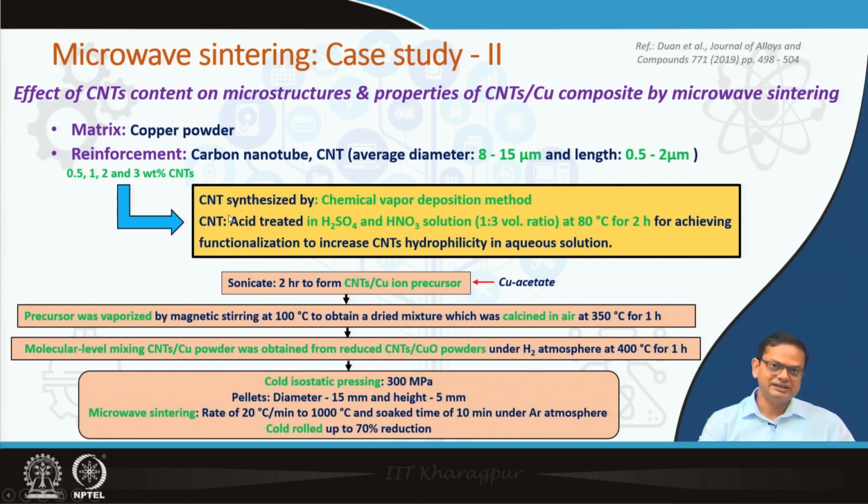Now, I have mentioned in a few classes earlier why we do acid treatment for graphene allotropes like CNT or graphene nanoplatelets or graphene oxide nanoparticles. The reason is that because of acid treatment there will be etching on the surface. So, that improves micro roughness on the surface.